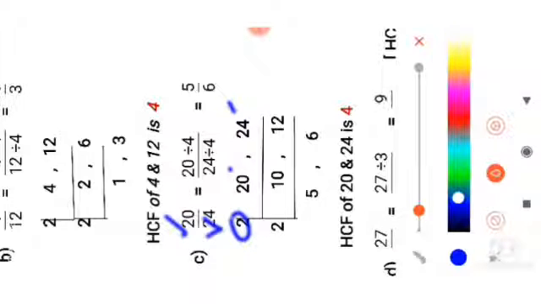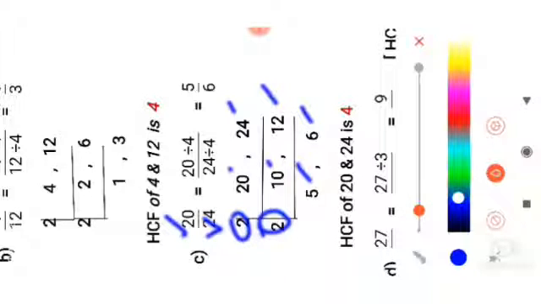If you divide 20 by 2, it is 10, and if you divide 24 by 2, it is 12. In this step you can see 10 and 12. What is the common factor of 10 and 12? These two are even numbers, so again it is 2. Now if you divide 10 by 2, it is 5, and 12 by 2 is 6.